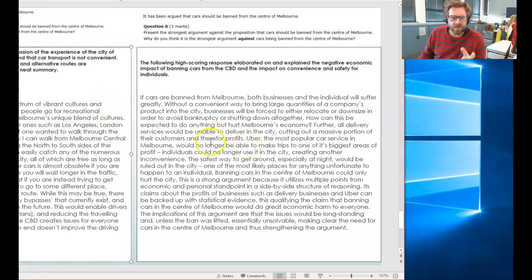Now, the examiner's report has said that people actually really struggle to do this well because they tend to do the first question and think of a reason to support the contention, and then they struggle to come up with an argument against. I don't know how to avoid that problem, but just keep that in mind.